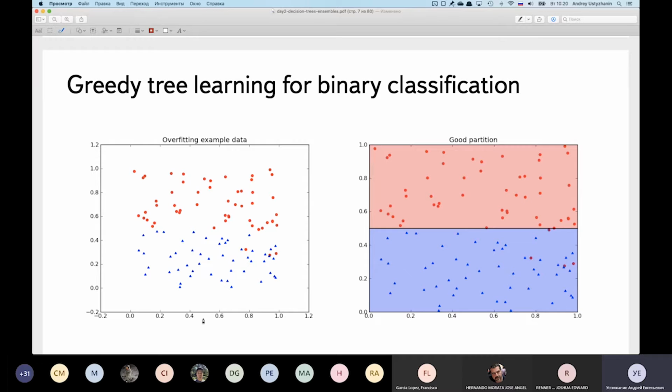So here is the illustration of how we start with a data set that contains red dots and blue triangles, and we want to find an initial split. We have two features, the horizontal line and the vertical line. We can split either horizontally, so it can go like this, or like this.